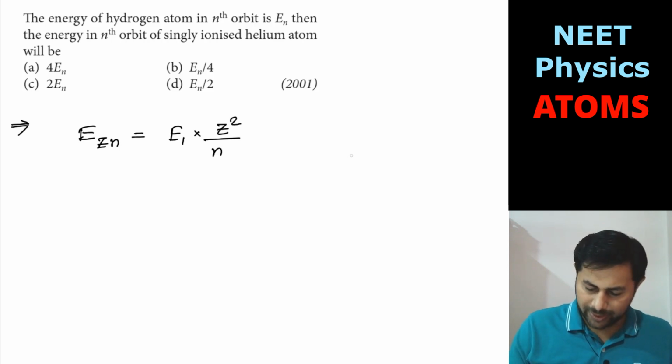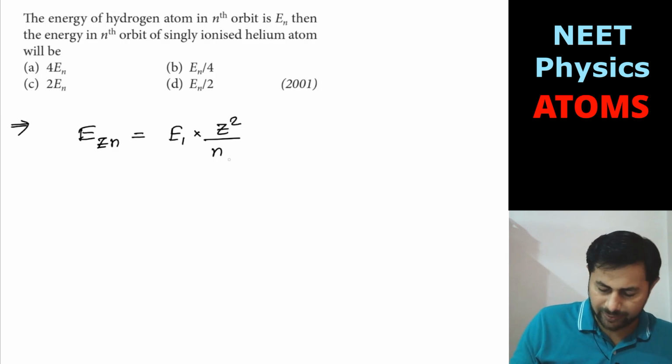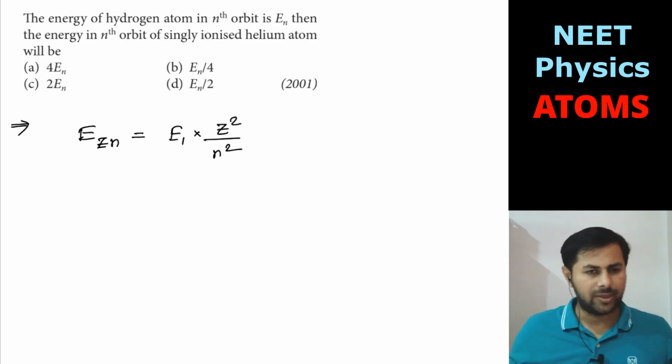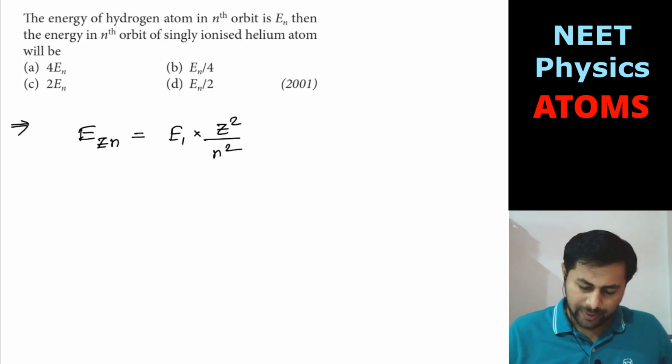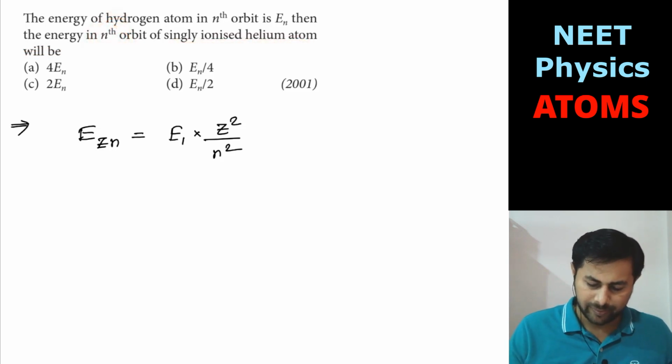What's the formula of energy? m e to the power 4 over 8 pi epsilon naught h square n square, so Z square is in the numerator, n square is in the denominator. So E1 times Z square by n square.